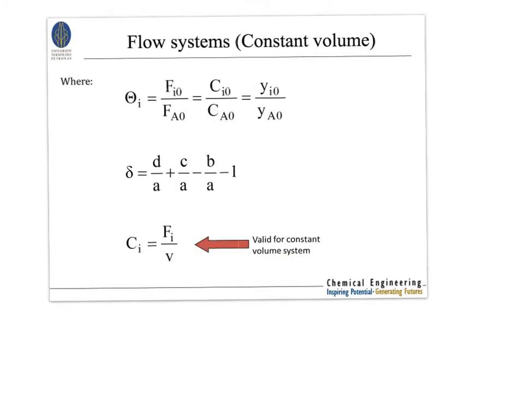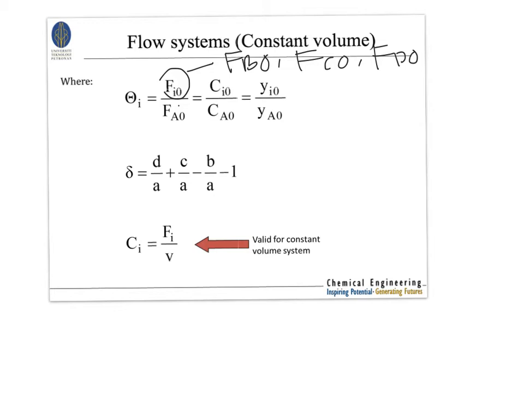Some definitions of the parameters that we use in the table. Theta_i is equal to F_i0 of any species, F_B0 or F_C0 or F_D0, divided by F_A0.